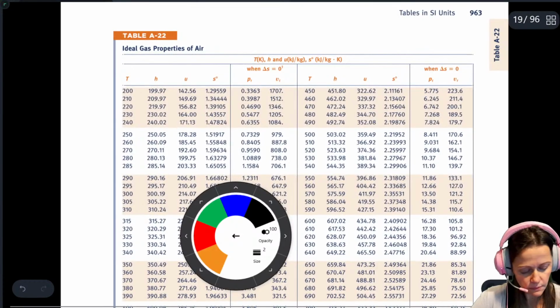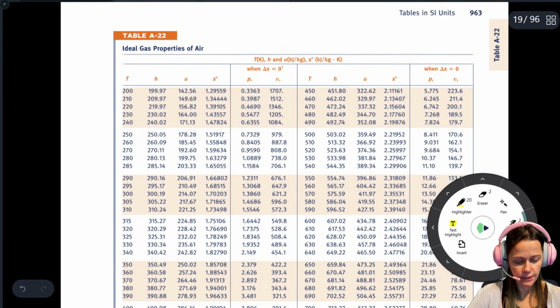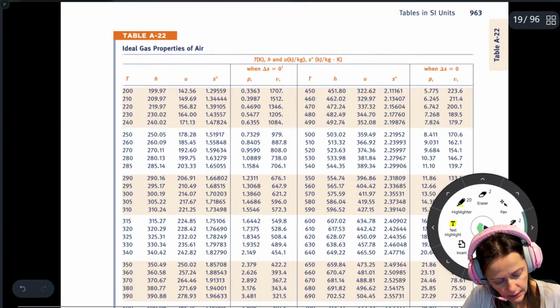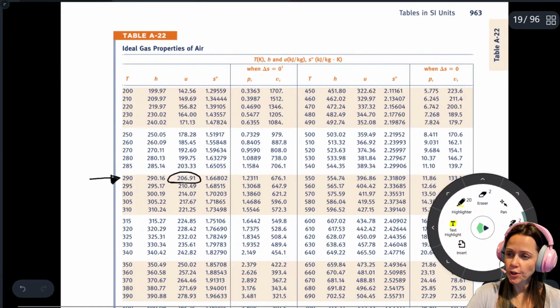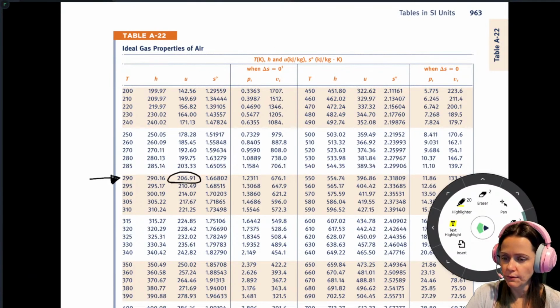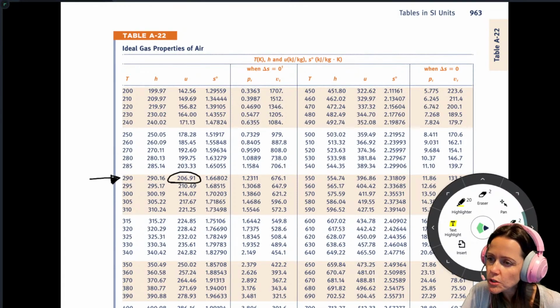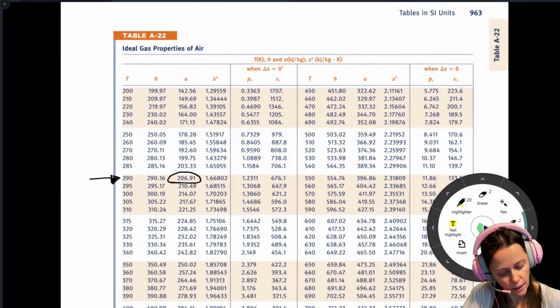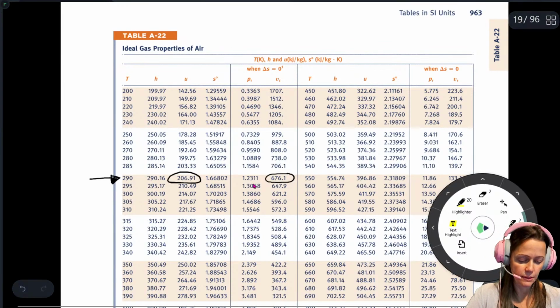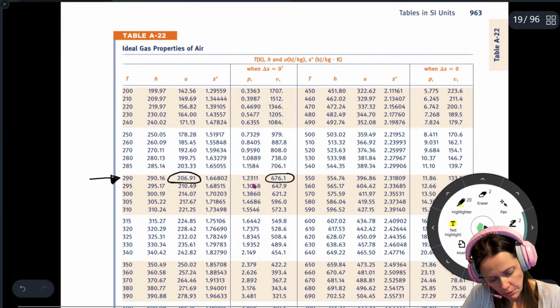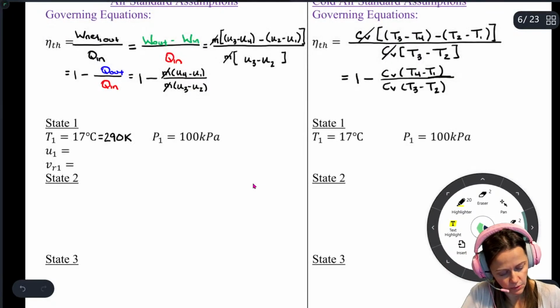So I am going to the ideal air tables and I am looking right there. At 290, I can go ahead and get my U value. And if you look on your guided notes, you'll see that I also have a place for VR. We'll talk about why we need that, but let's go ahead and circle it, and then put it on my guided notes here.